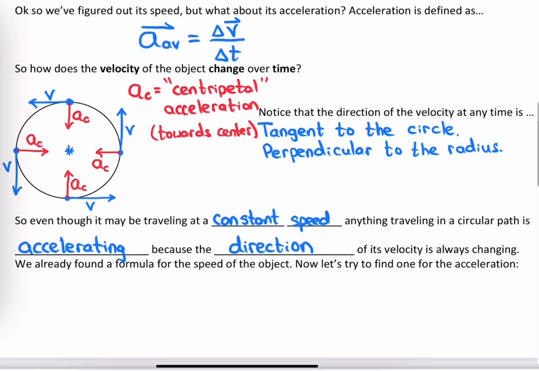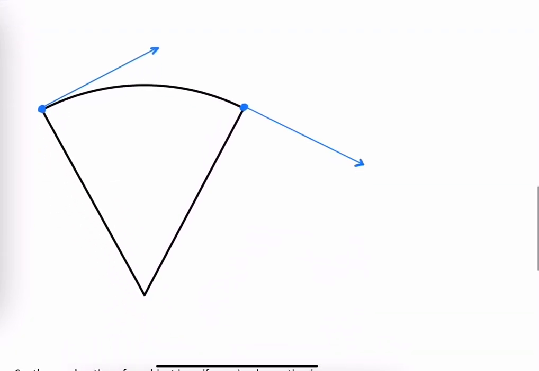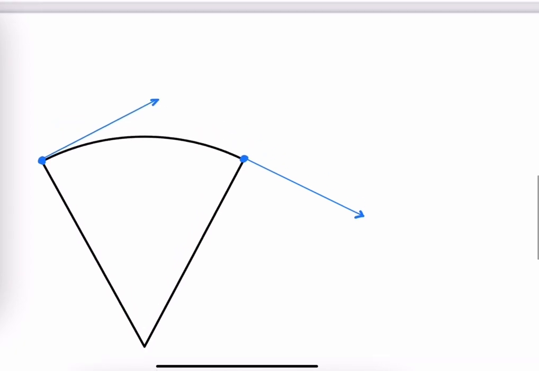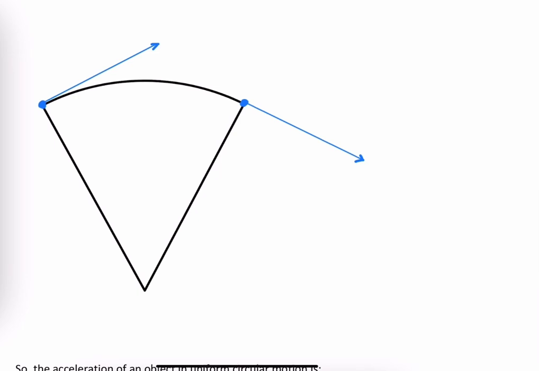So I'll copy that formula out again so I have it to reference over here, and then we'll think about how we might get that change in velocity. Well, remember that the change in anything is final minus initial. So change in velocity is velocity final minus velocity initial.